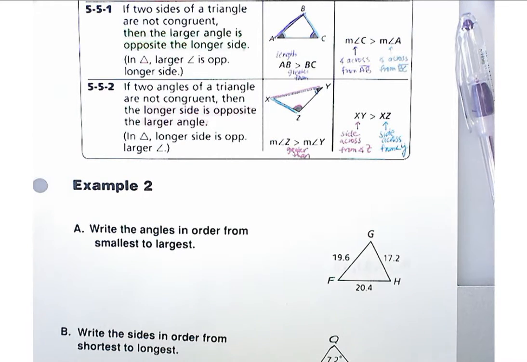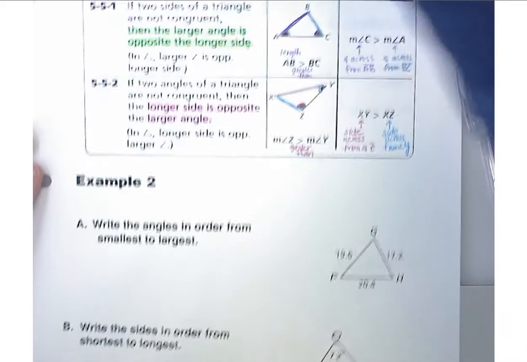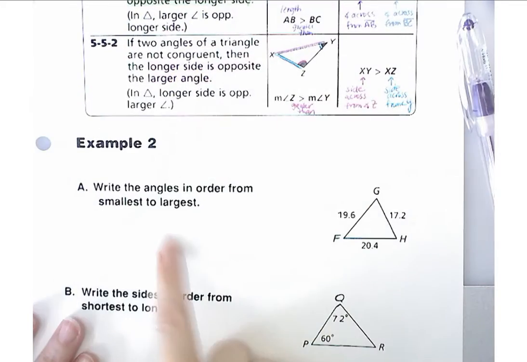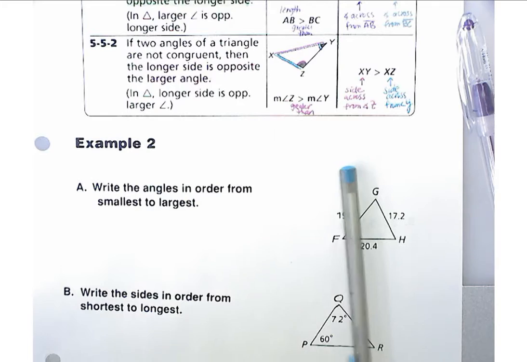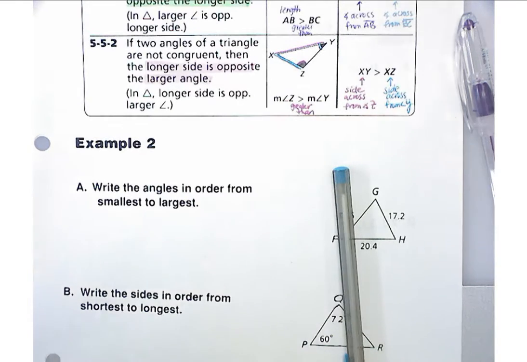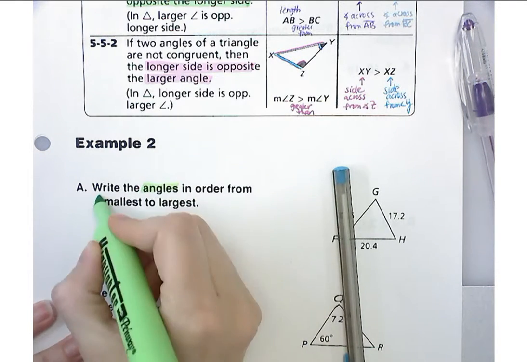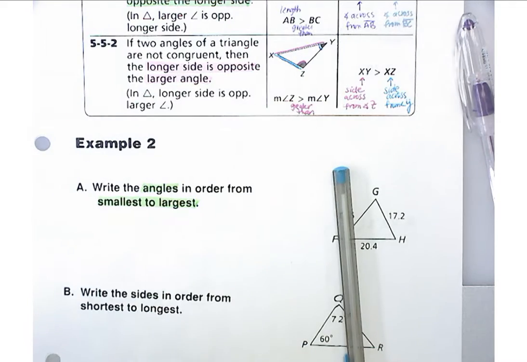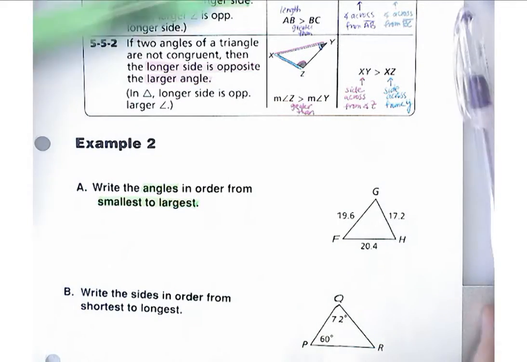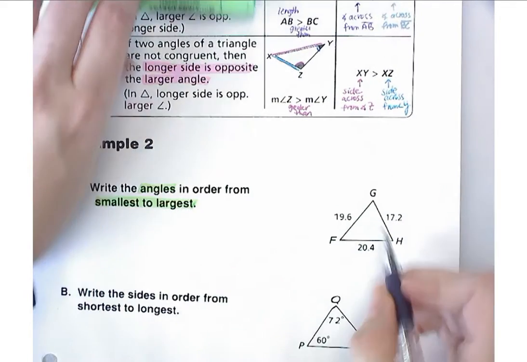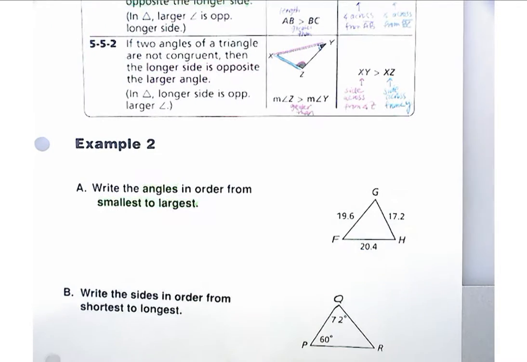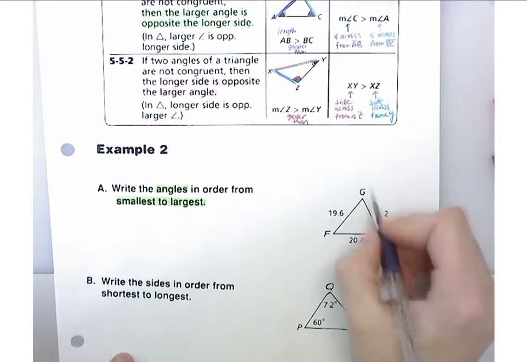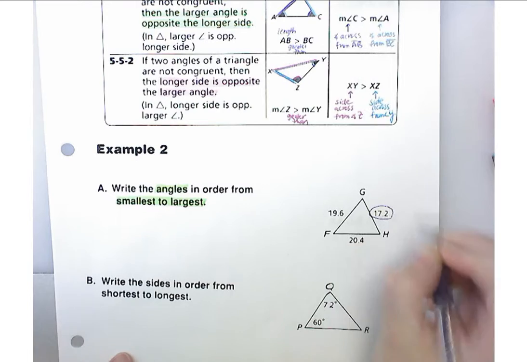So now when we go to our first example, we have to write the angles in order from smallest to largest. But all we have are the sides, so all we have to do is find the smallest side. If I'm looking at my three sides, the smallest side is going to be 17.2.